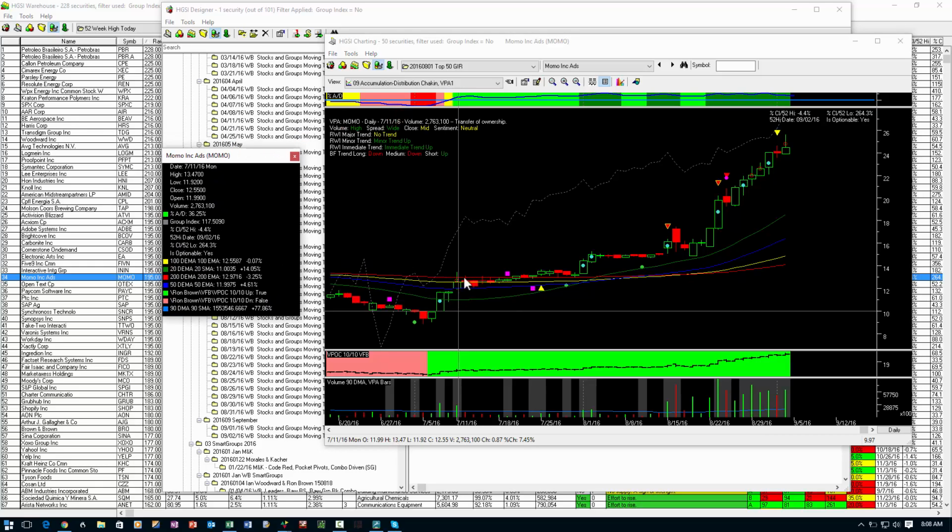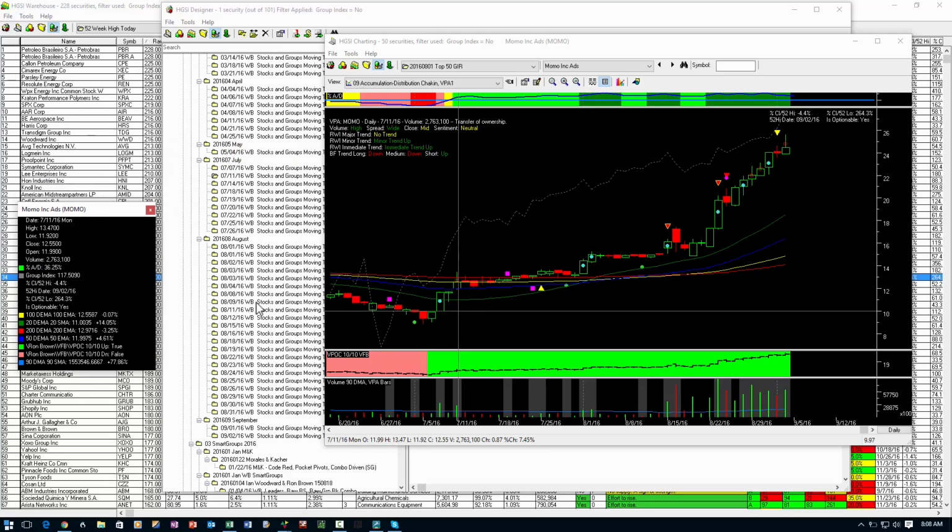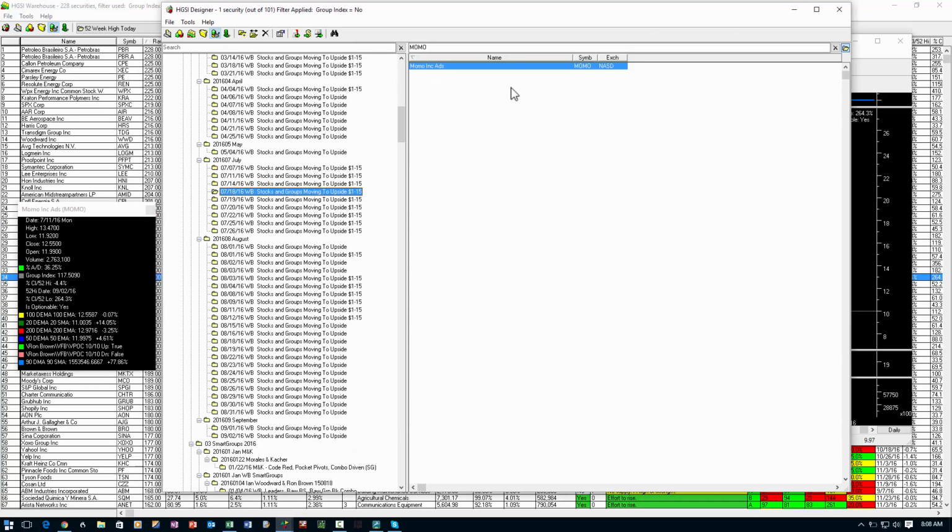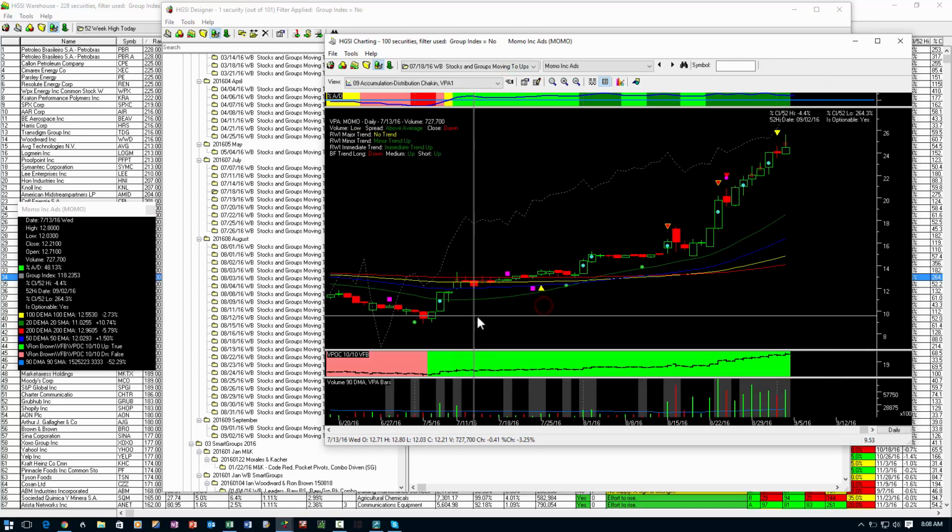You can see that the moving averages were all bunched together, and then it went sideways, and it was still there on the 18th. So it was basing sideways, but it was appearing in the stocks and groups moving up, and you can clearly see why, because the group was moving up very sharply.